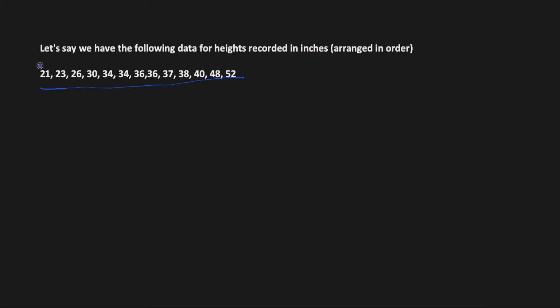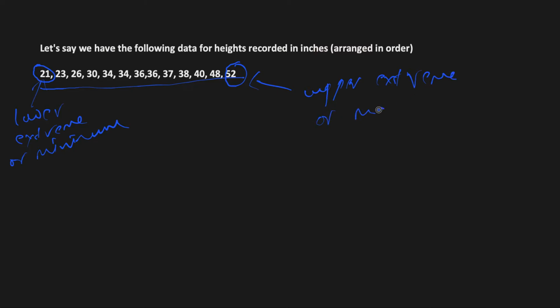Second, after arranging the data, the first point is always the lowest one, called the lower extreme or the minimum. The end point is called the upper extreme or the maximum. And the median will be the number in the center.